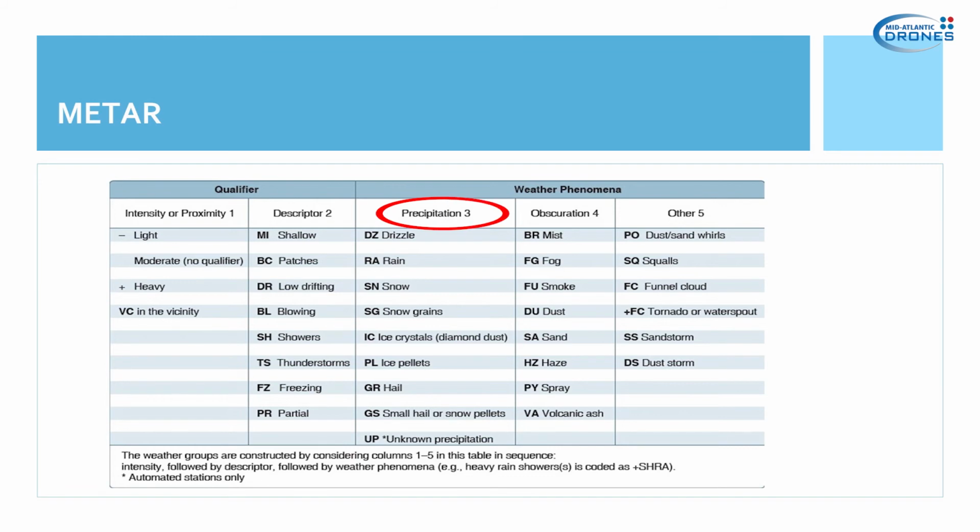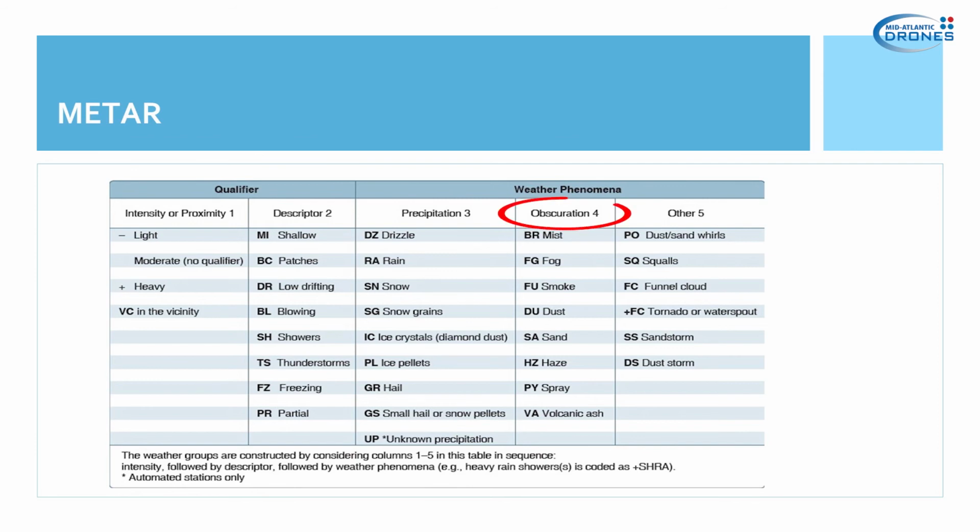Then you have the precipitation, DZ for drizzle, RA for rain, SN for snow, etc., etc. So you should really learn all of these. They're not that hard. But for the test, you're only going to be asked for like RA, TS, so for thunderstorms, and SH for showers, maybe a GR for hail.